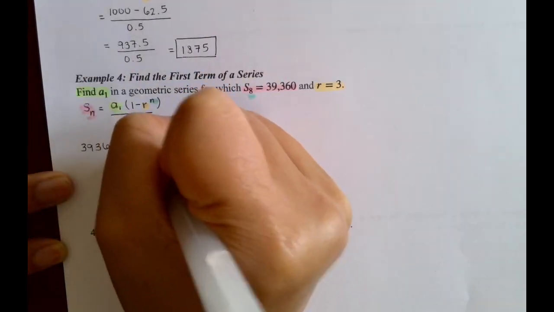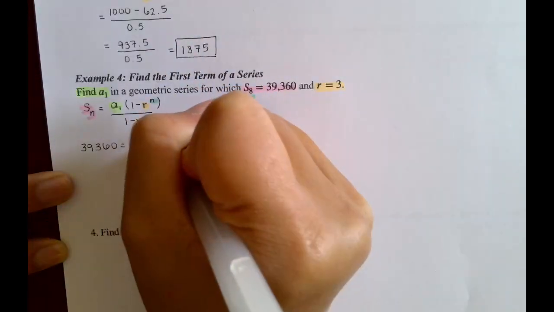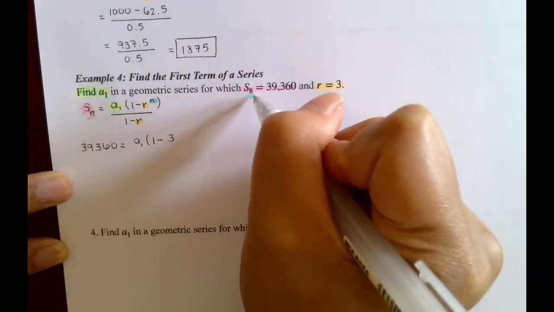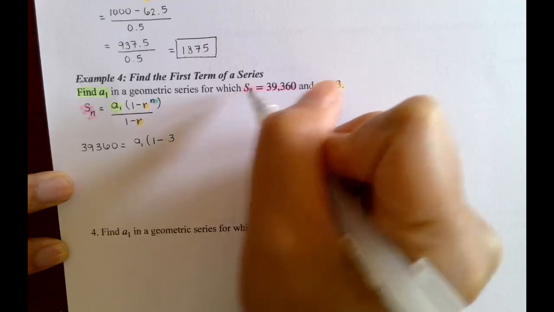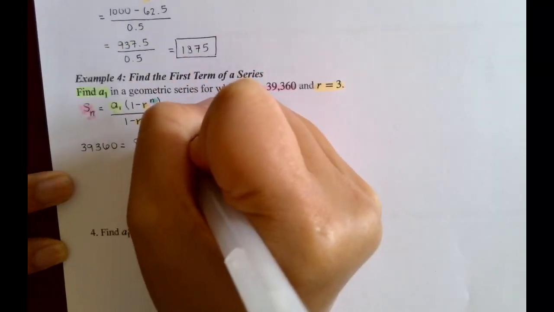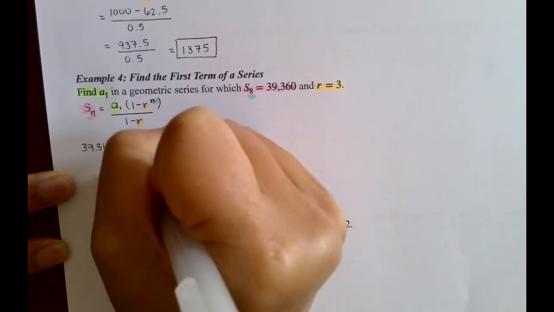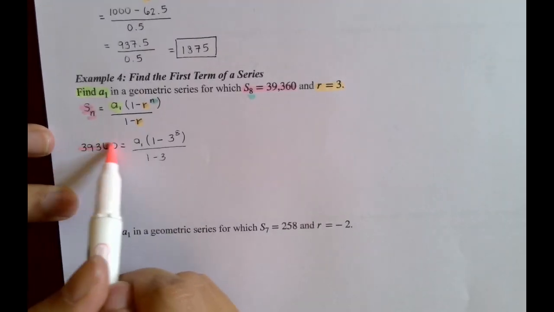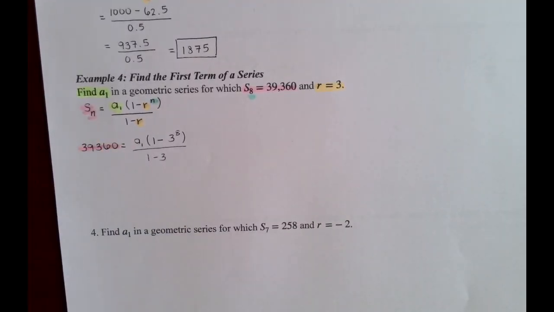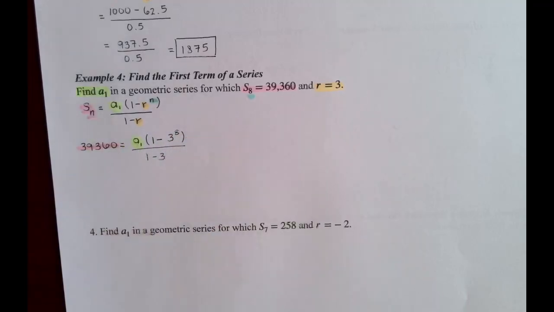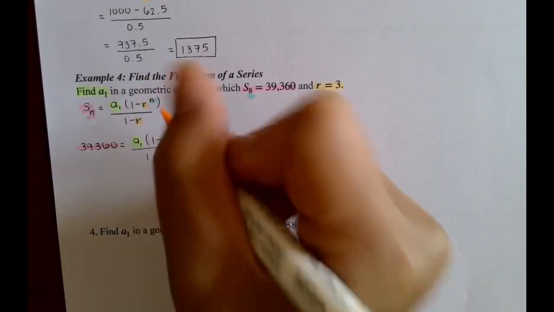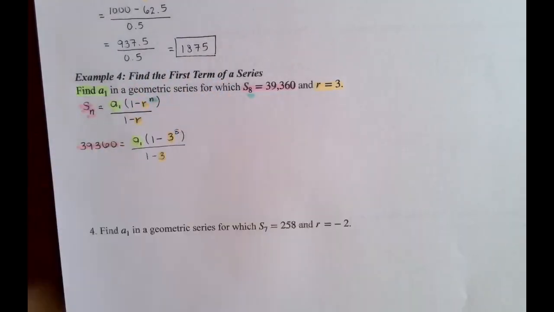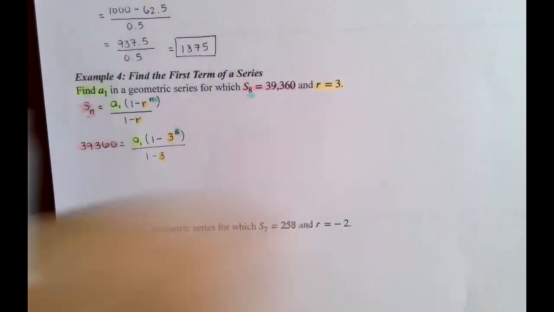1 minus the common ratio, which is 3. And since this is the sum of the first 8 terms, my n here is 8. And then 1 minus 3. Now I'm going to solve.